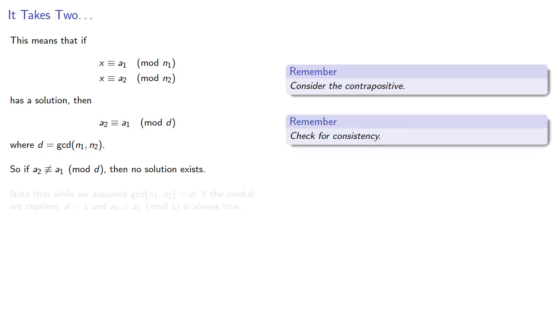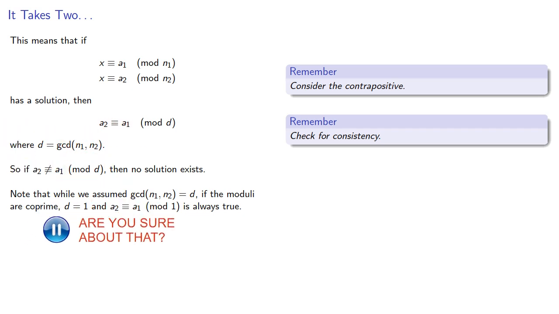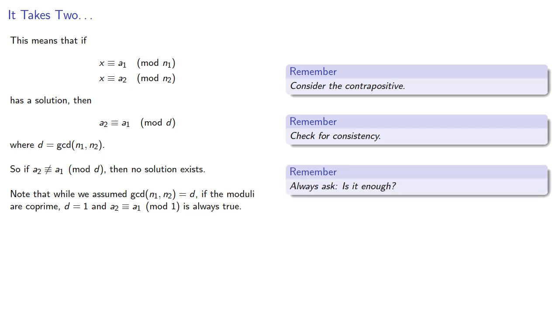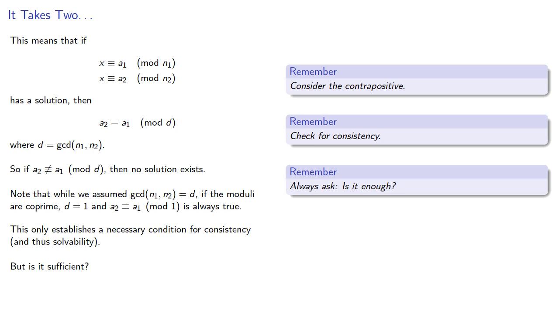While we assume that our greatest common divisor was d, if the moduli are coprime, that greatest common divisor is 1, and, well, any two numbers are congruent mod 1. Another useful strategy is to always ask, is it enough? This only establishes a necessary condition for consistency and thus solvability. But is it sufficient?